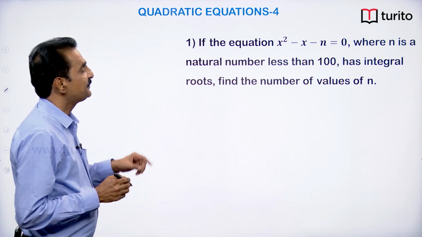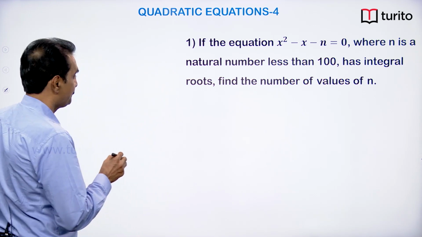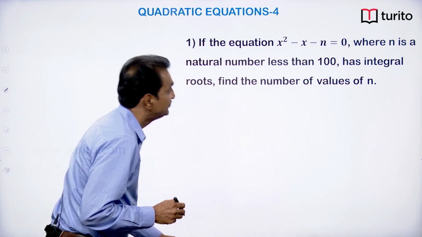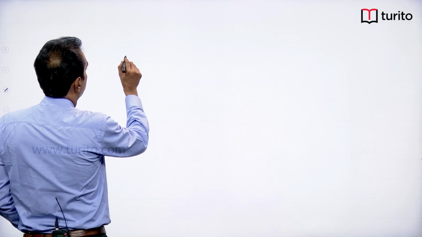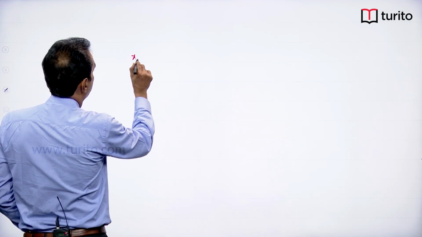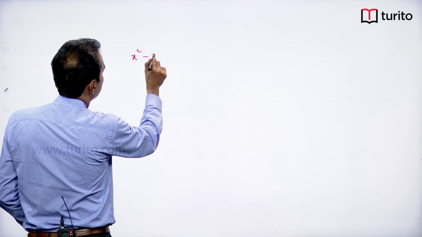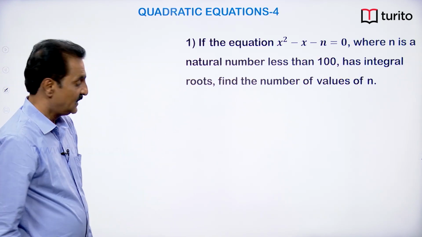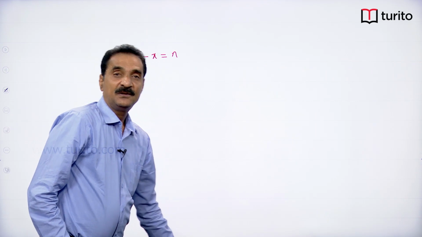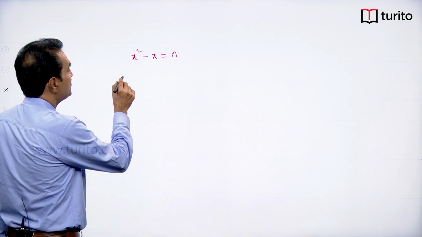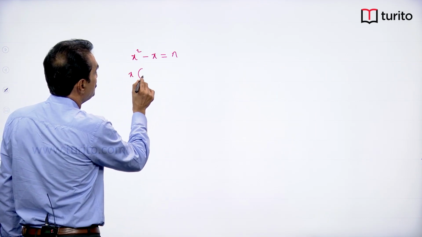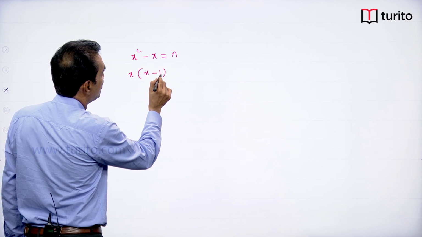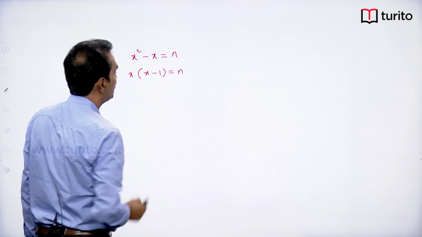What we do is we write the equation as x square minus x is equal to n, and further you can write x square minus x as x into x minus 1 is equal to n.